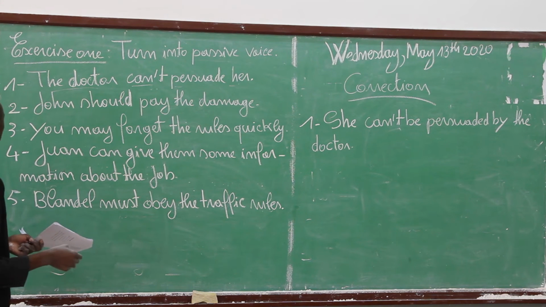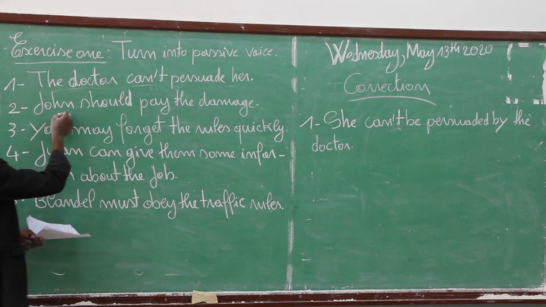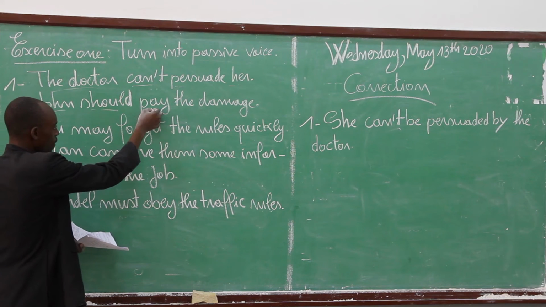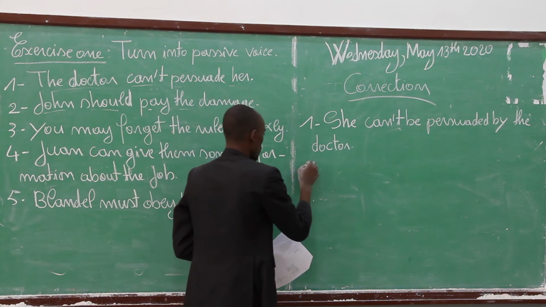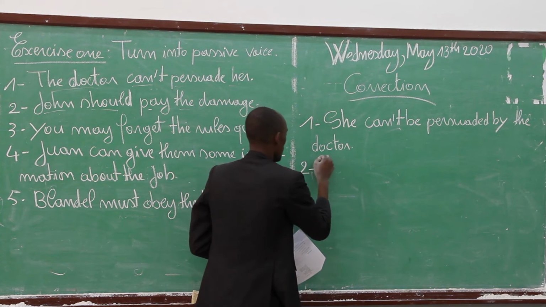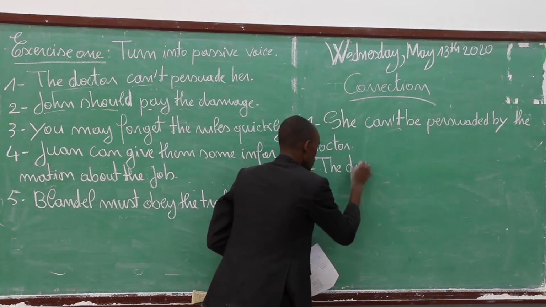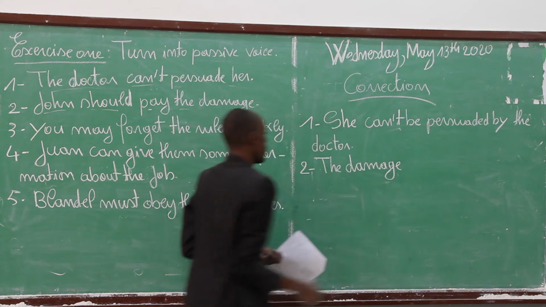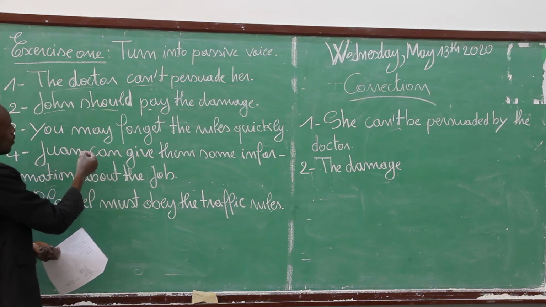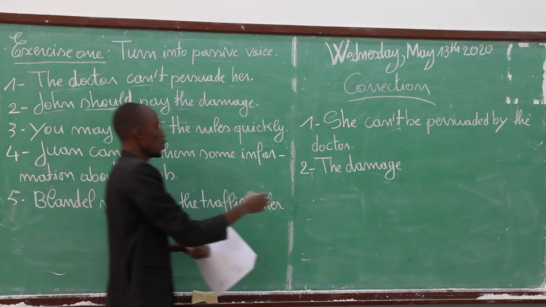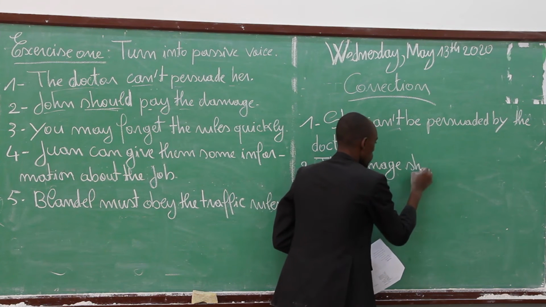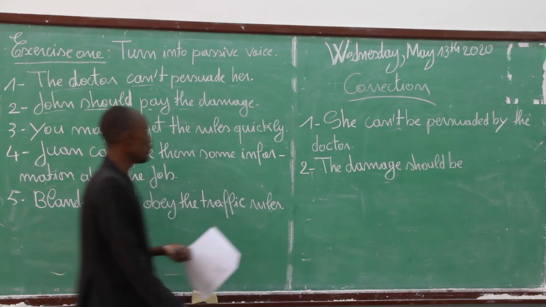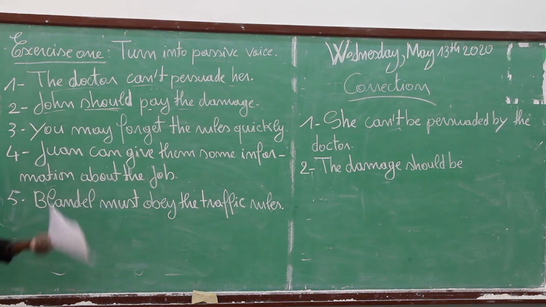Now let's take the second sentence. We have John should pay the damage. Here we have John subject, modal verb, the second verb, and the object, the damage. We take the modal, should, and we have be: should be, and we take the past participle of this verb.